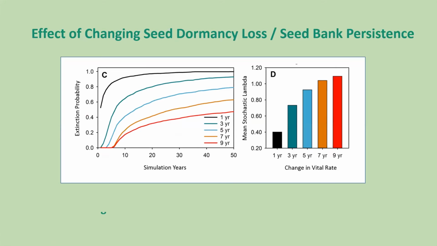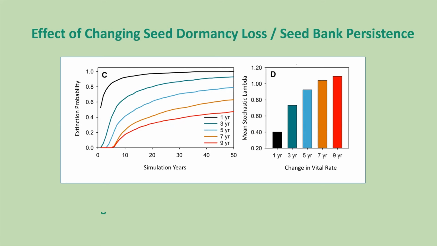Okay, here's the clincher. This is what happens to stochastic lambda and extinction probability if you shorten the length of time that a seed remains dormant. So we're saying in the base model, there are still dormant seeds left from a reproductive episode. There are still dormant seeds left 9 years later. That gives us the base model.